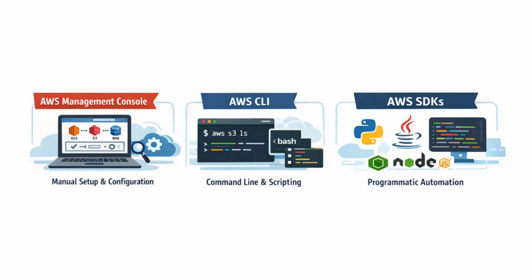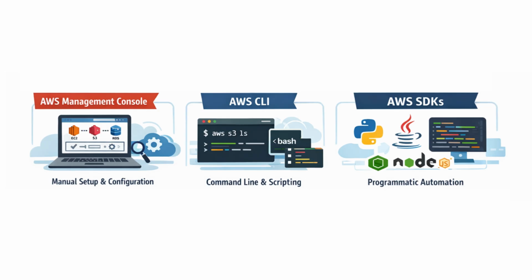Here's a simple decision framework you can memorize for the AWS exam. Learning, exploration, one-time tasks. Think about AWS Management Console. Automation, scripts, operational tasks. Think about CLI, SDKs. Production, compliance, repeatability.